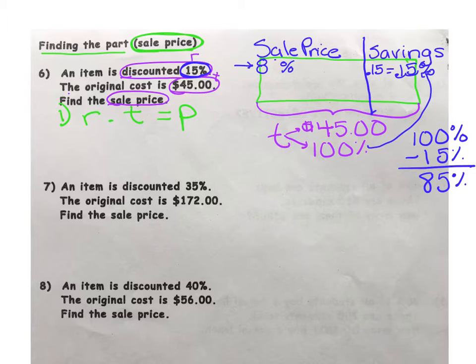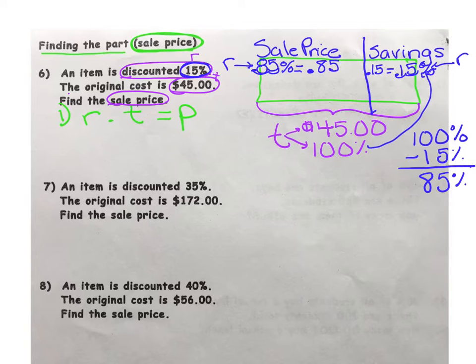That's the percentage that is associated with the sale price part of the bar. And as we convert that to a decimal, that decimal rate, 85 hundredths, means that we owe the store 85 cents of every original dollar. That's the rate for the sale price part of the bar. And over here, the 15% is the rate for the savings part of the bar.